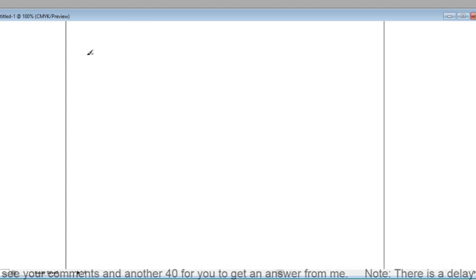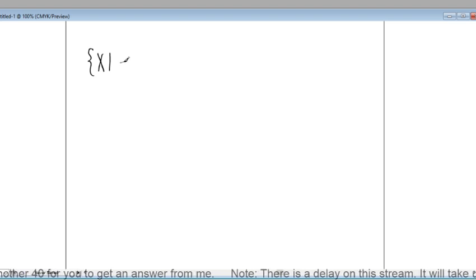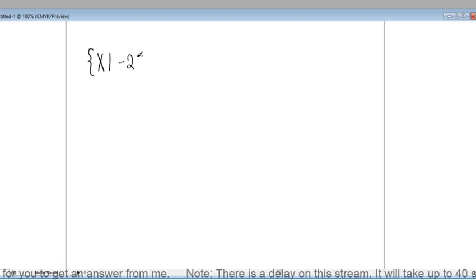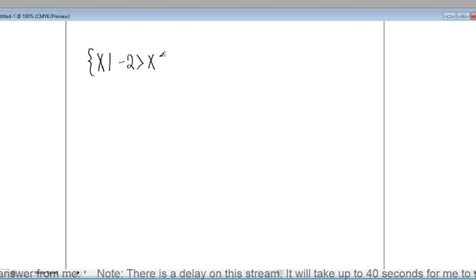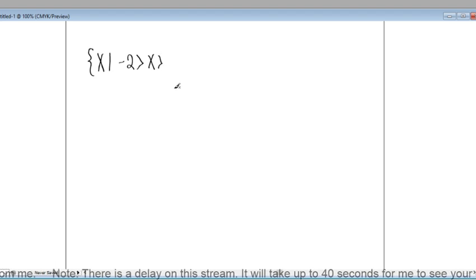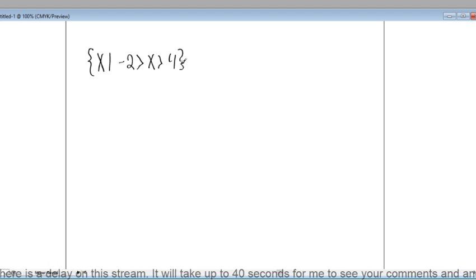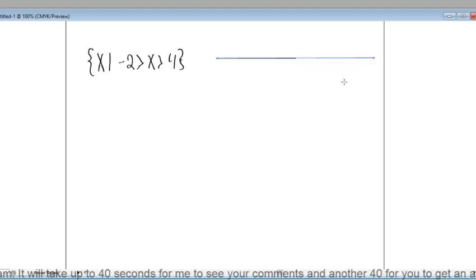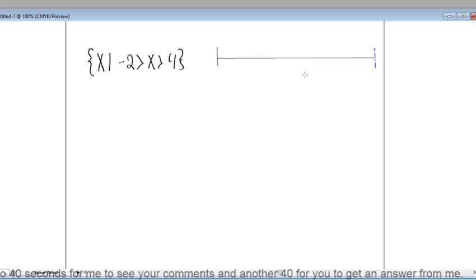So if we have something like this set, x such that -2 is greater than x, and x is greater than 4, then our graph is going to be a little bit different.